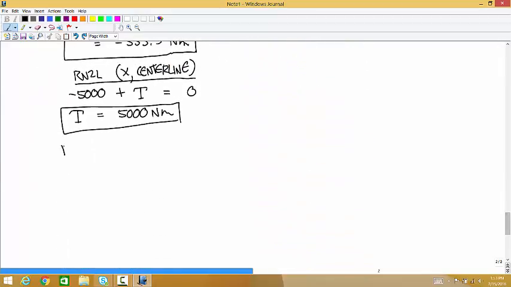Okay, so those are the internal loads that are applied to the left half by the right half.